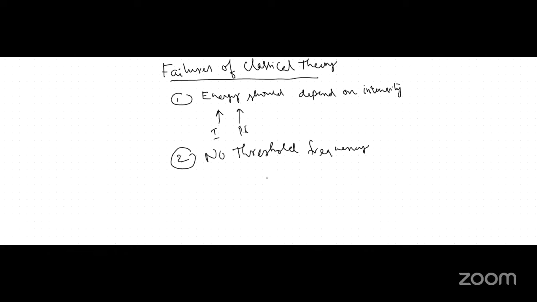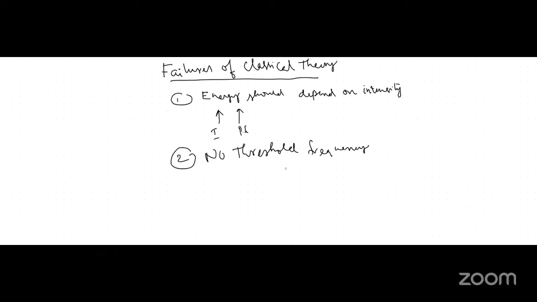According to classical theory, if intensity is more, the number of electrons coming out should automatically be more, but that is not observed. So it is contradicted by the experiments which they have performed.